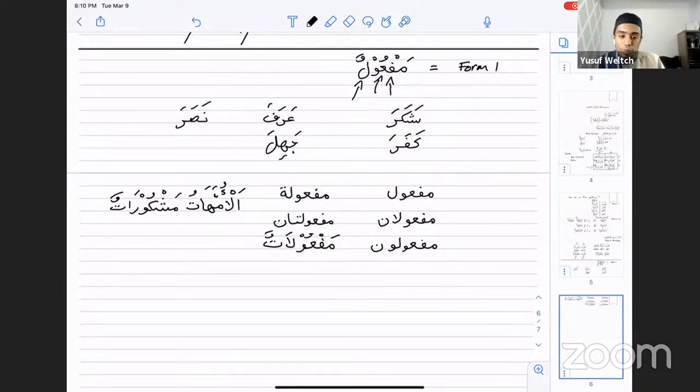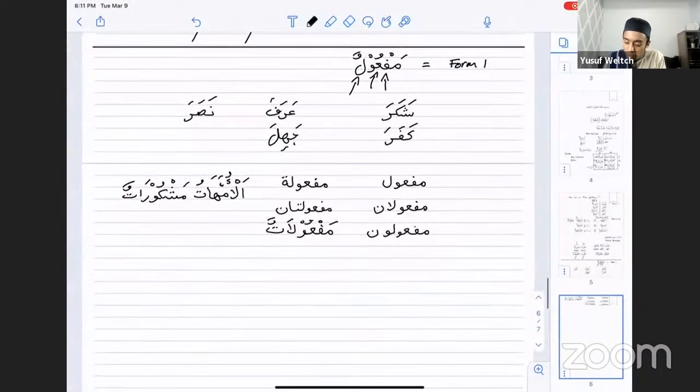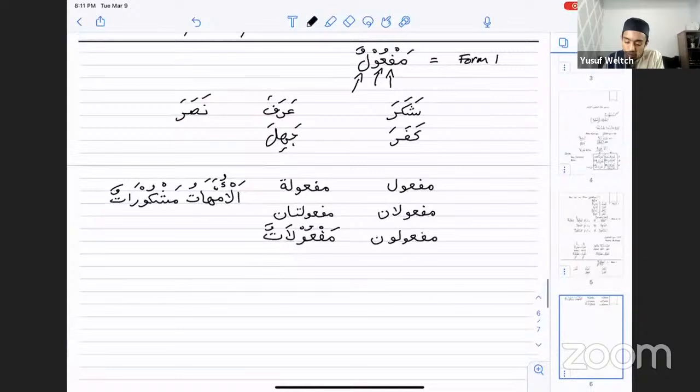Al-ummahatu mashkuratun. The mothers were shown gratitude. Good, right? Or the mothers are. Generally, nominal sentences are translated as present tense, only because we have to. So mothers are shown gratitude, or mothers are appreciated, right? So the same thing: maf'ulun, maf'ulani, maf'uluna, maf'ulatun, maf'ulatani, maf'ulatun.